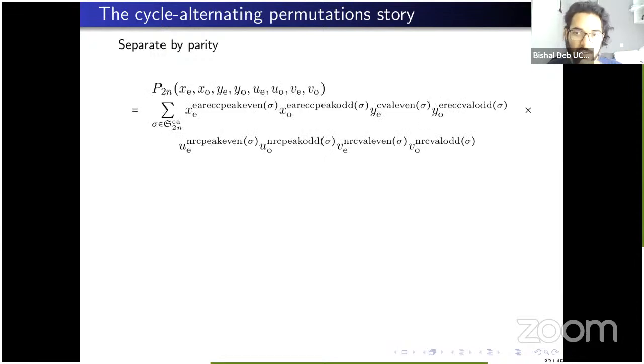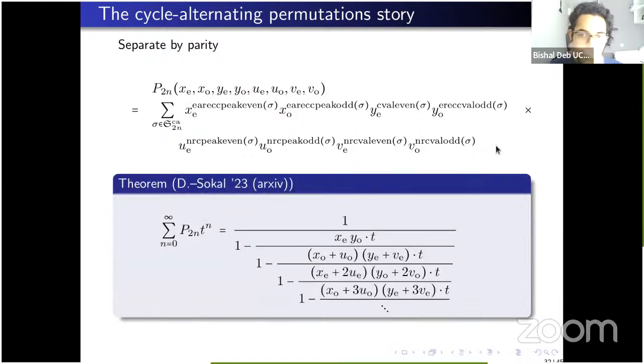So in fact, we can even do better than this. We can separate the cycle valleys and cycle peaks by parity and consider not a 4 variable polynomial, but an 8 variable polynomial. So look at even cycle peaks and odd cycle peaks, similarly even cycle valleys and odd cycle valleys, and then separate by record status. And if you put it on the computer, you will see that this has a simple S fraction. So this is x_CY_O.